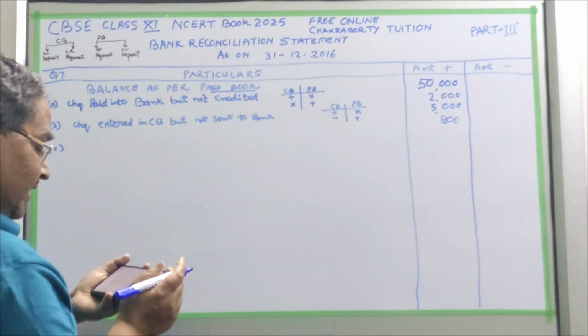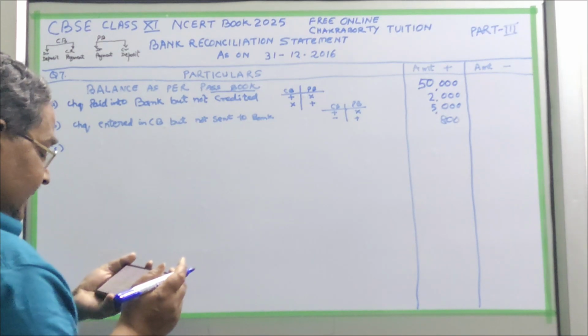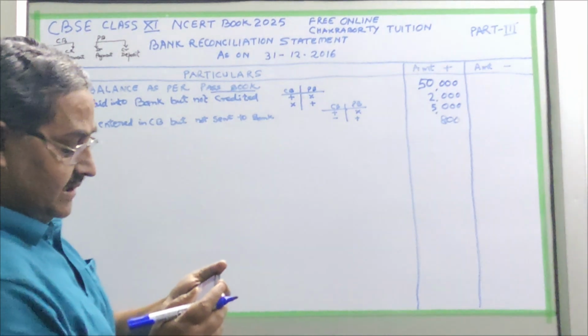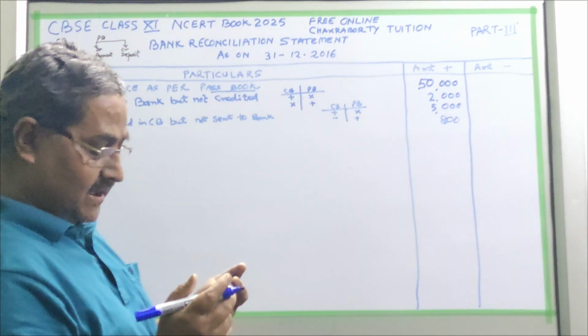Now C point. Checks for 10,000 were issued in November 2016, but not debited by the bank in December 2016. A check issued is always debited in the bank.